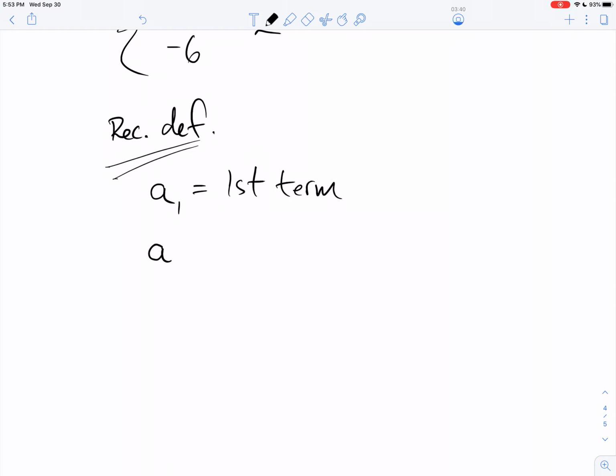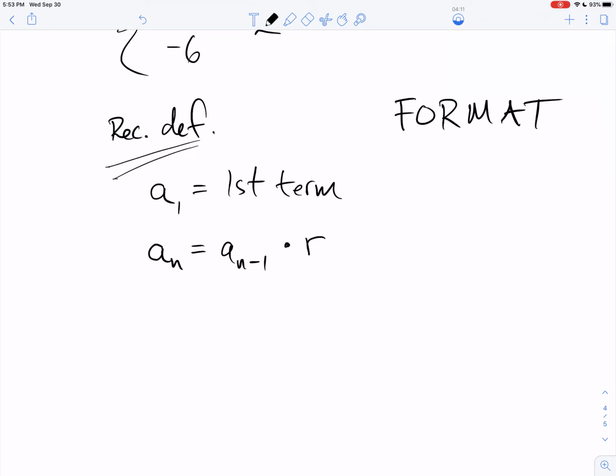And then, if you want to know any number in the list, you take the one that came before it, and this time, instead of saying plus D, we say times R. That's what makes it a geometric sequence. You multiply by the common ratio.